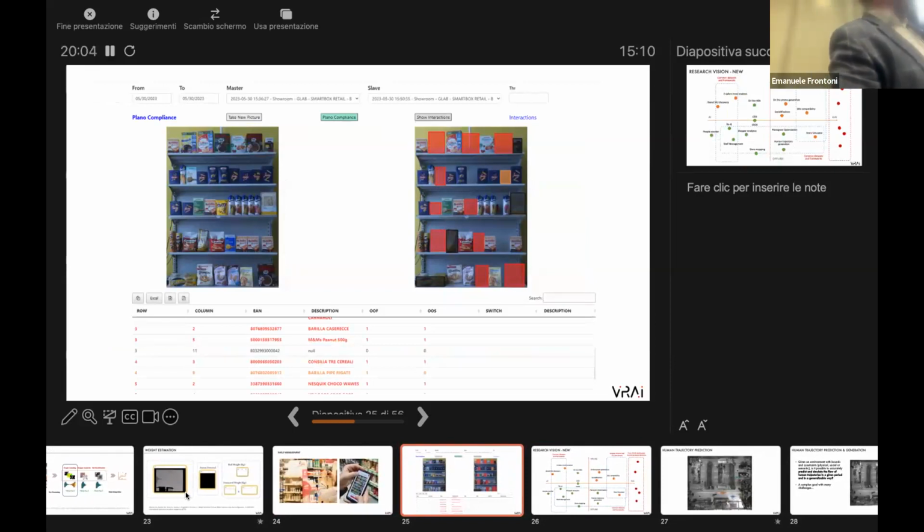I have a couple of very typical out of stock in the Pampers Baby Dry 4 and Pampers Baby Dry 3. My suggestion is to give one more facing to this kind of SKU so that you can try to avoid out of stock. And this solution was probably one of the first prototypes going in the direction of having something totally new.